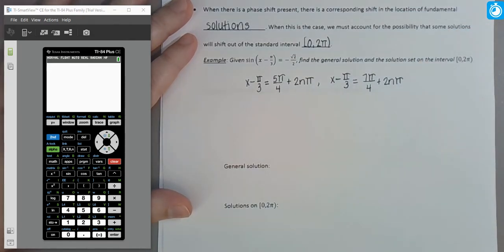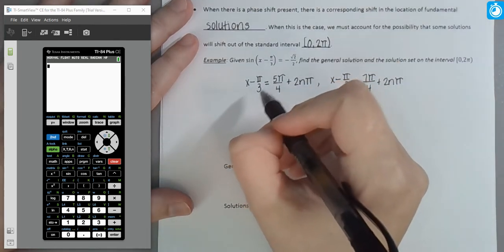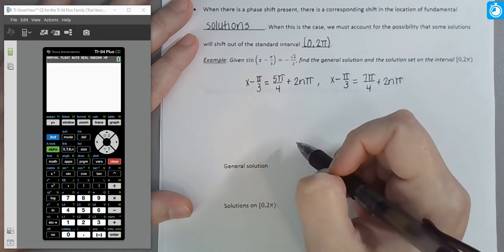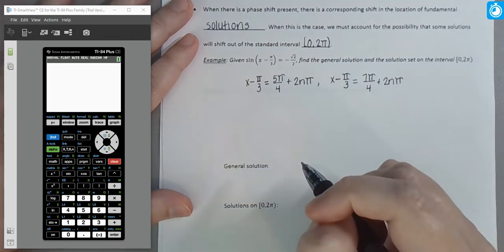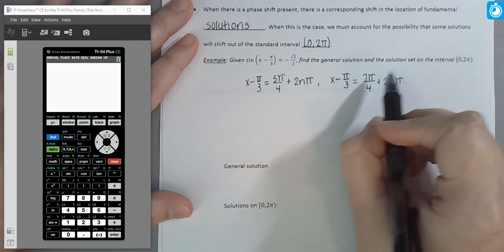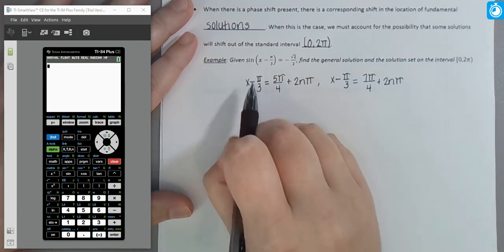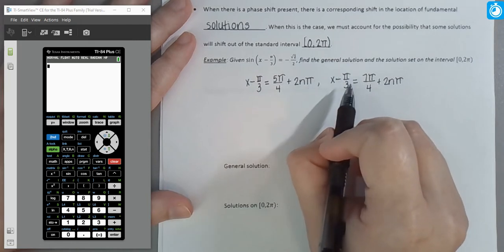Now, as with the previous problems, x is not isolated. So we're trying to solve for x, we're trying to isolate x, we still need to do that. That means we need to add this negative pi over 3 and move it to the other side. Now this is a combining like terms kind of thing. Notice these two terms now have a variable. So they are not considered to be like terms with that pi over 3 that we want to move.